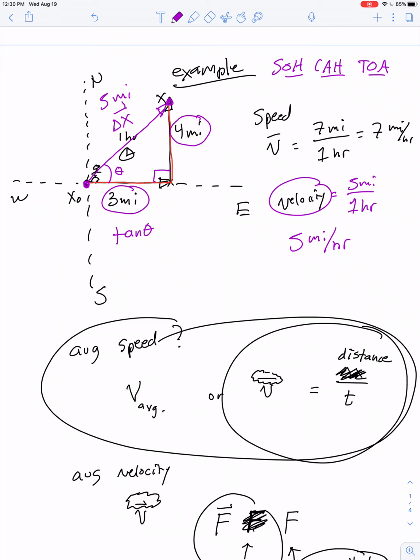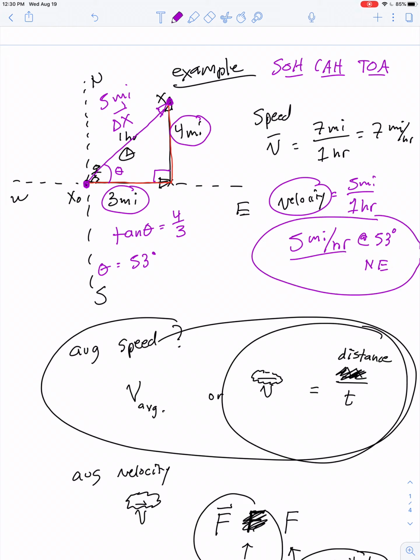So tangent of the angle I'm looking for is 4 over 3, which I believe comes out to be an angle of 53 degrees. So that's the way I would state this, that the velocity is 5 miles per hour at an angle of 53 degrees north of east. A magnitude and a direction describes velocity, a magnitude only describes speed.